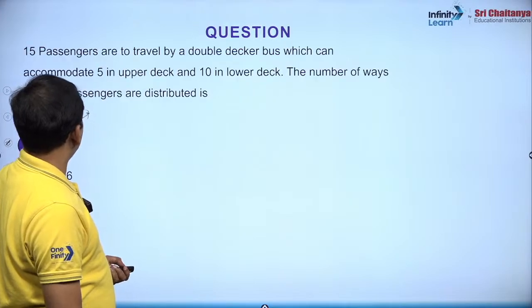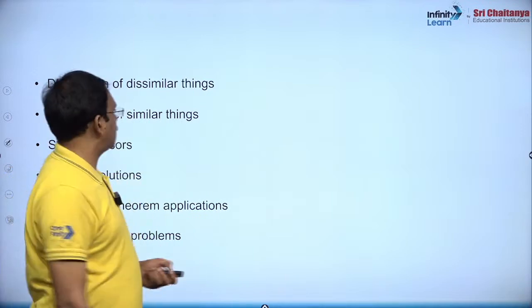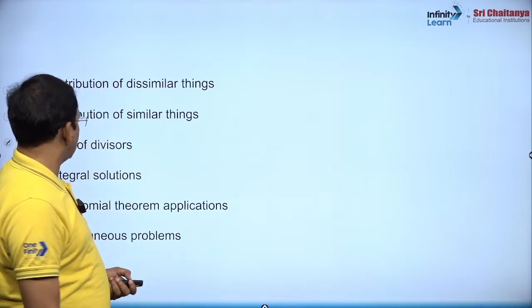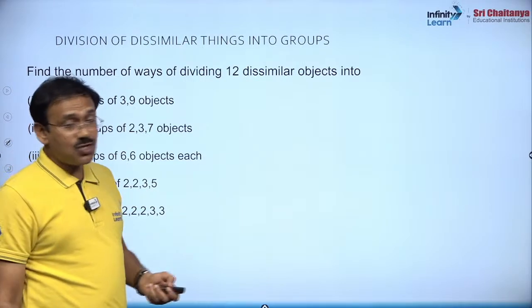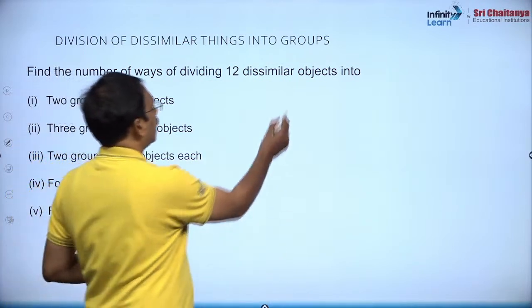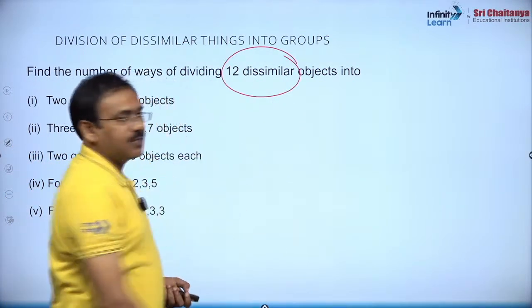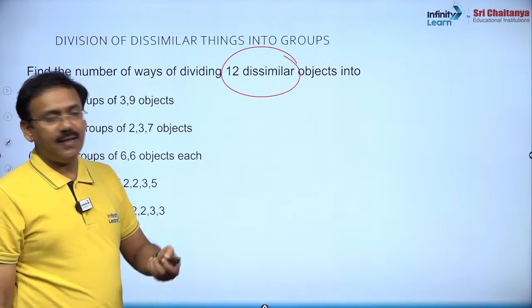So I want to go with distributions, especially division and distributions. Find the number of ways of dividing 12 dissimilar objects into 2 groups of 3 and 9 objects.